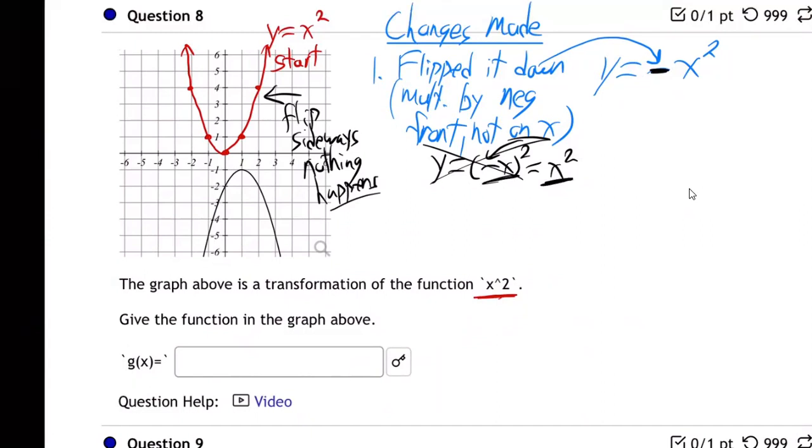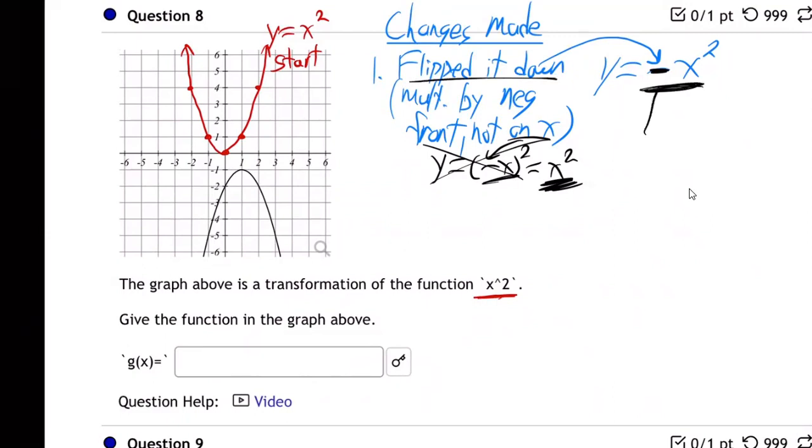If you put a negative right on x and square it, it goes away. Nothing happens to the equation, nothing happens to the graph. A sideways flip does nothing, equation or graph, of course. But that's not what was done to ours. Ours was flipped down, and so that means the minus is in the front. Negative in the front, which is different than being right on x.